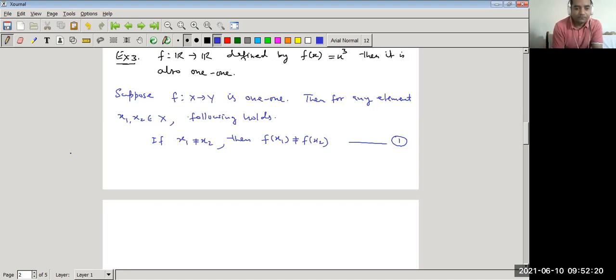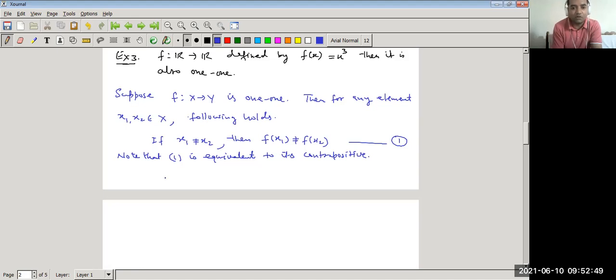Now note that equation 1 is equivalent to its contrapositive. What is the contrapositive of this statement? You have already studied contrapositive in 11th class.